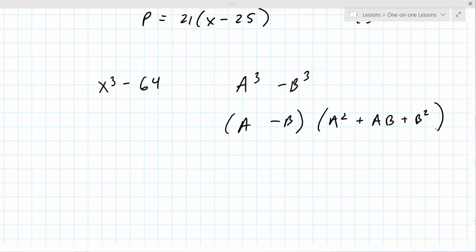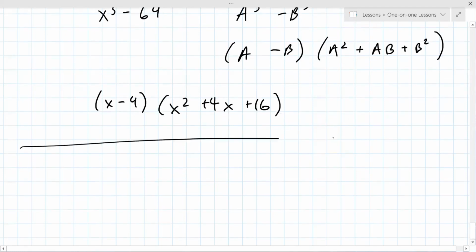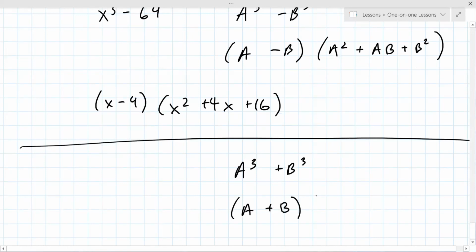Yeah, the one advantage though is if you know the formula, then you can do the problem pretty quickly. But yeah, you're just completely lost, or it takes too long to do this. So this would be x minus 4, x squared plus 4x plus 16. There's also a related formula for sum of cubes that looks very similar, and you have to know both because you don't know which one you will get.